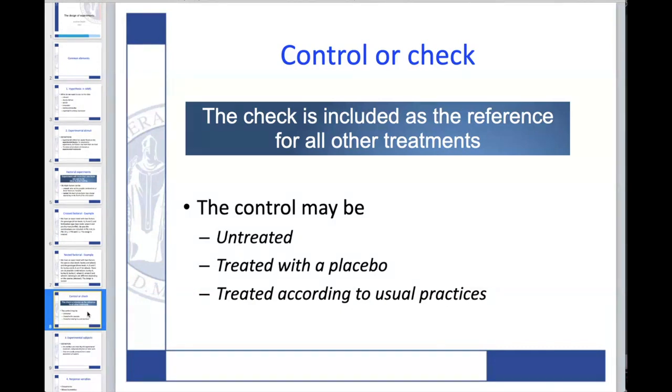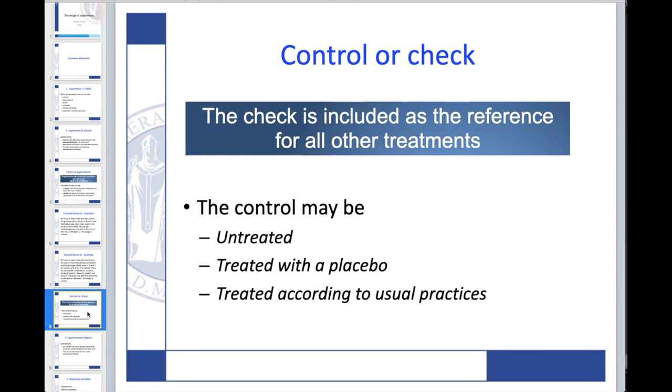Then we treat with a placebo because we want to avoid some psychological effects relating to the fact that one is assuming a particular drug. In agriculture, very often the control is treated according to the usual practices.